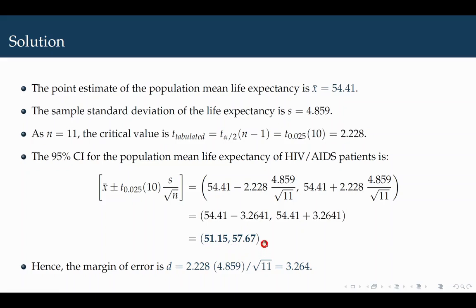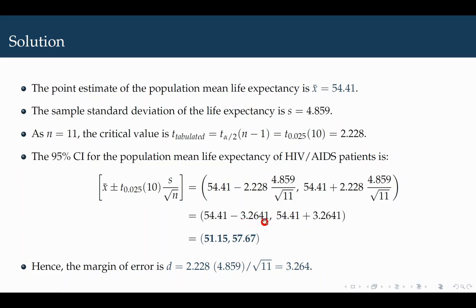So the population mean life expectancy of HIV patients is between 51.15 and 57.67 years at 5% level of significance. And the margin of error, or half width of the interval, is just 3.2641.